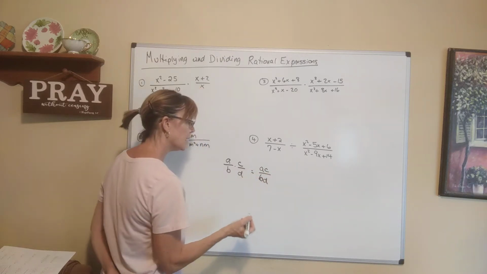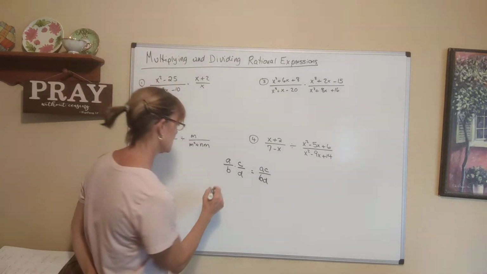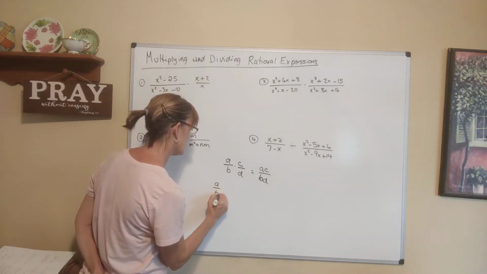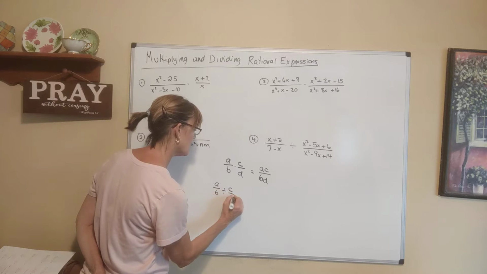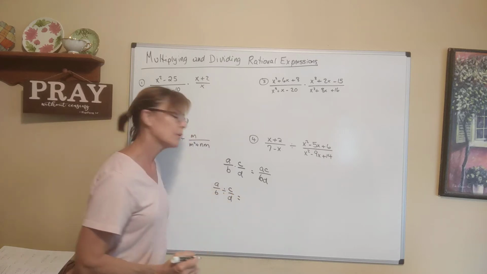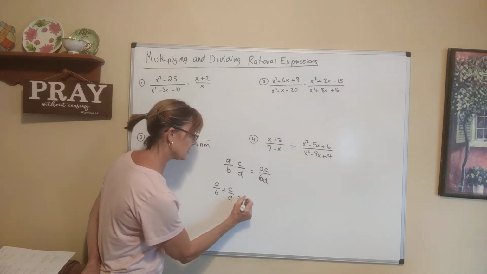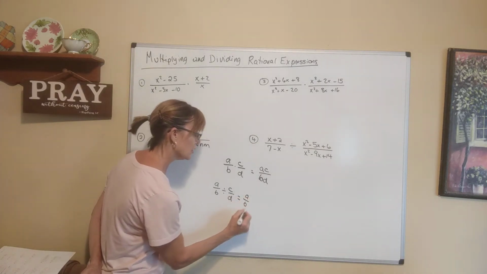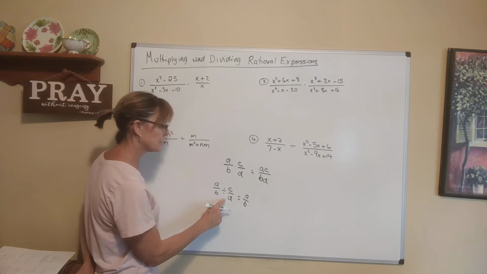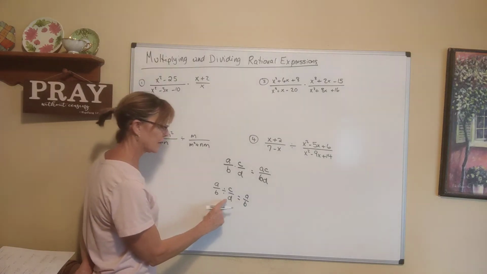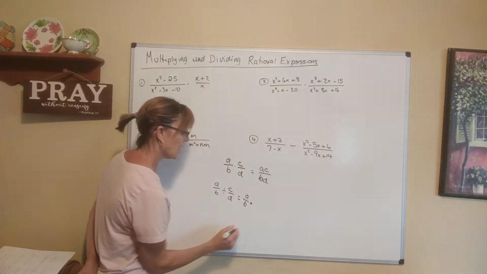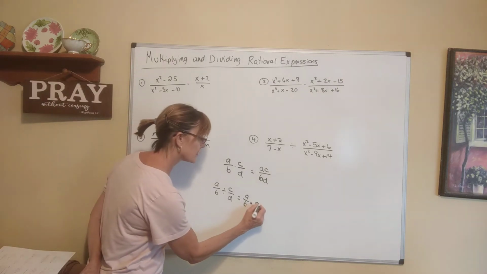That's it. If you're dividing fractions, a over b divided by c over d, this is what we call keep, change, flip. So you would keep the first fraction, a over b. You change the operation from division to multiplication times the reciprocal, d over c.